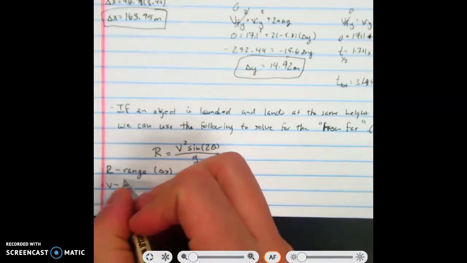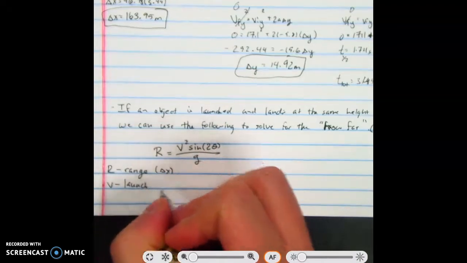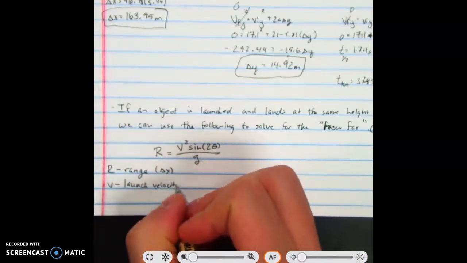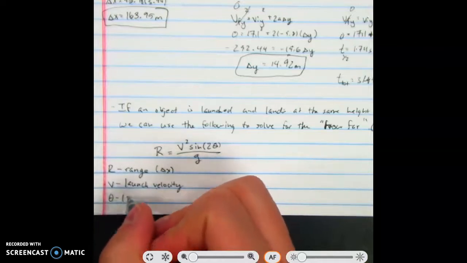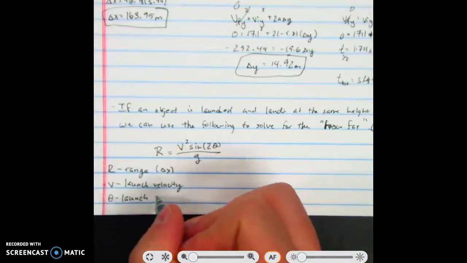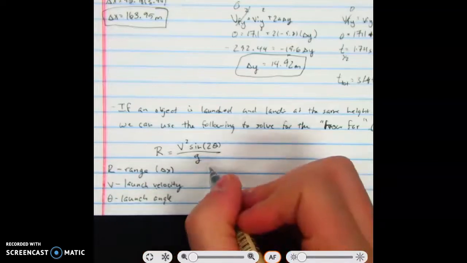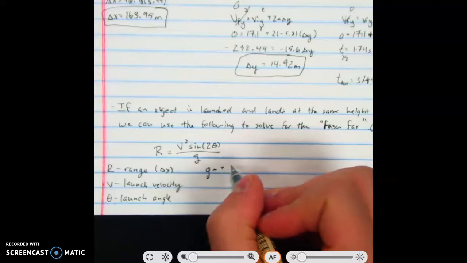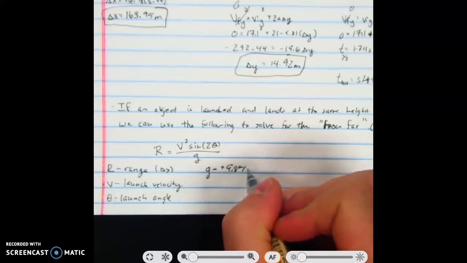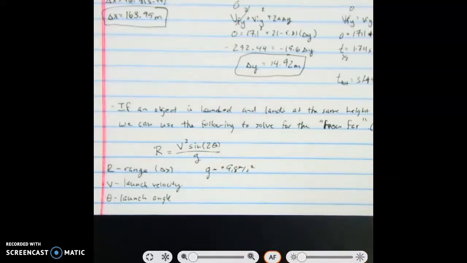V is your launch velocity. Theta is the launch angle, and g is a positive 9.8 meters per second squared. Because remember, acceleration due to gravity is negative, but regular g is positive.